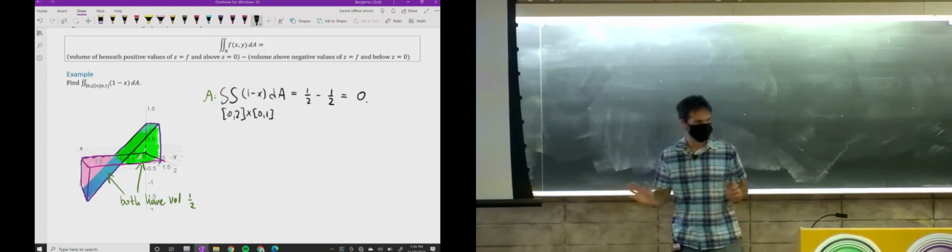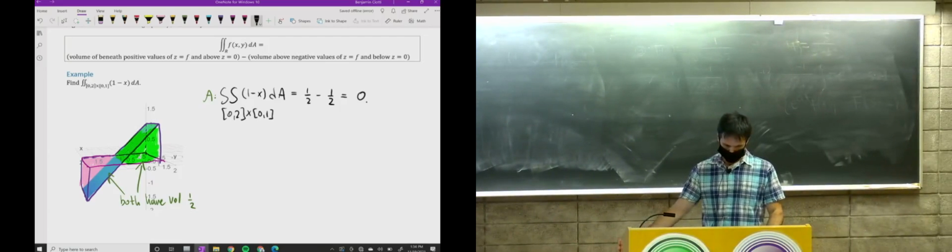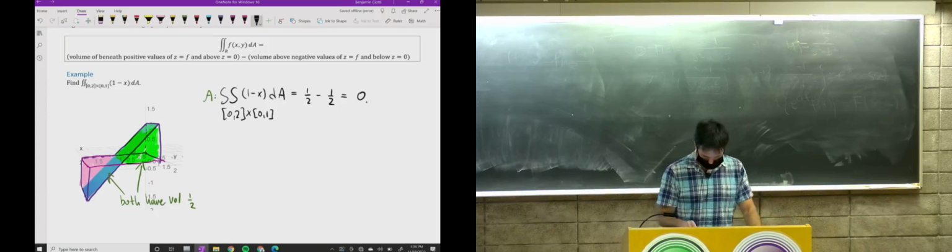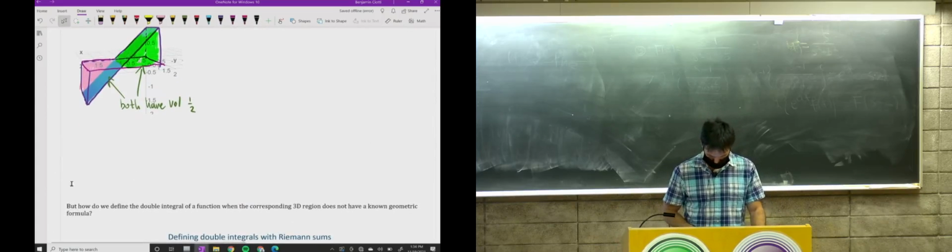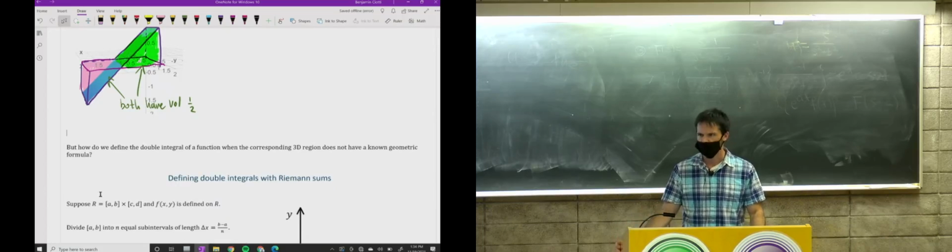Okay, so we now have our first definition of the double integral. Let me now give you a second definition of the double integral, because not every shape has a ready-made geometric formula for us to use.